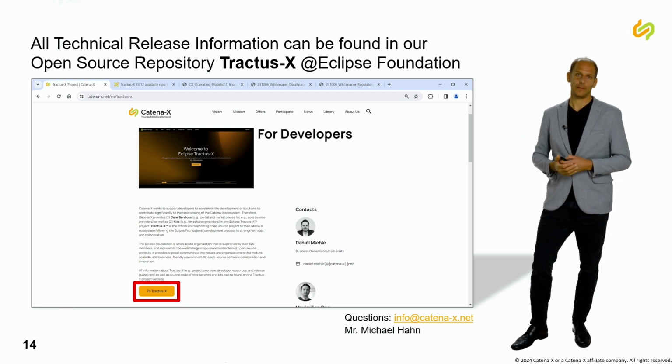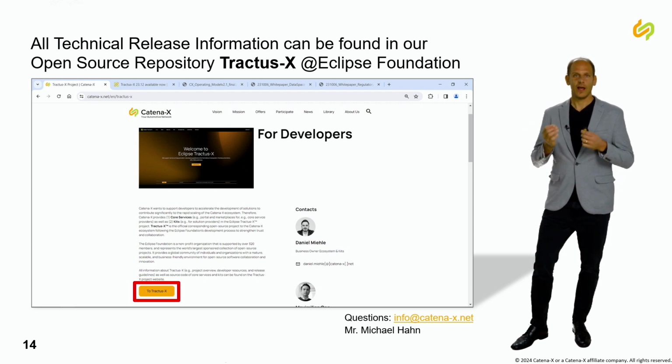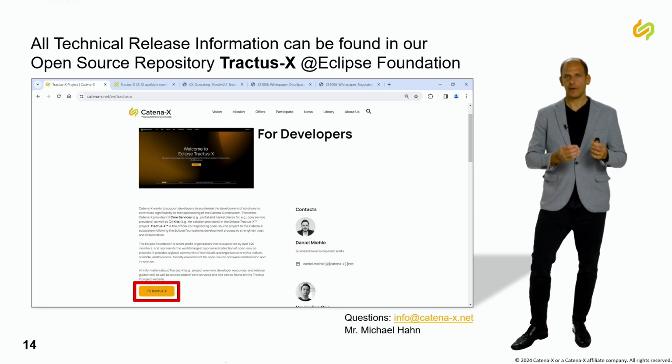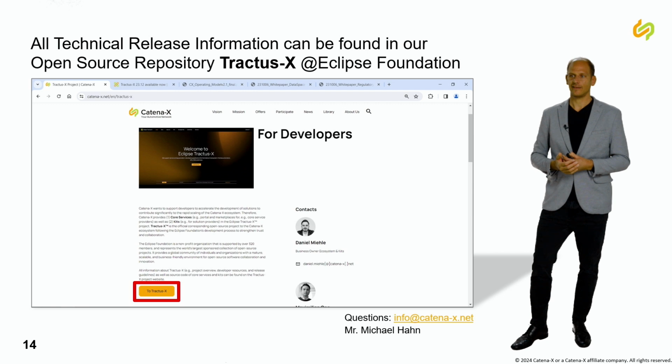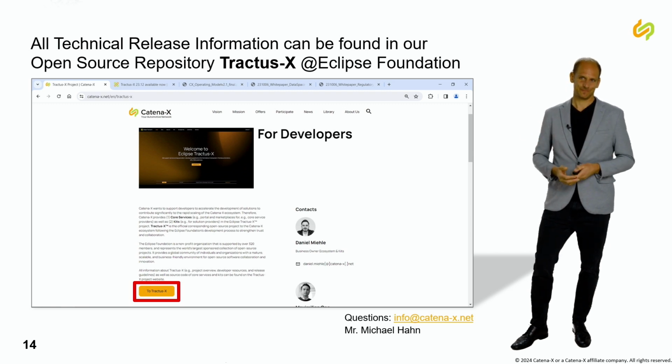It's all linked on our website. For any questions concerning the developer environment and how to develop any code, anything for Catena-X, please don't hesitate to contact our Managing Director for Value Creation and Technology, Mr. Michael Hahn.